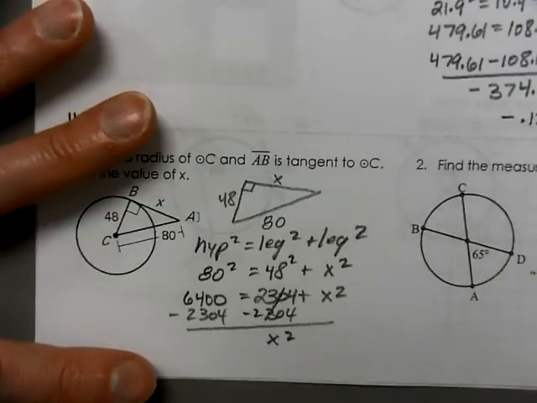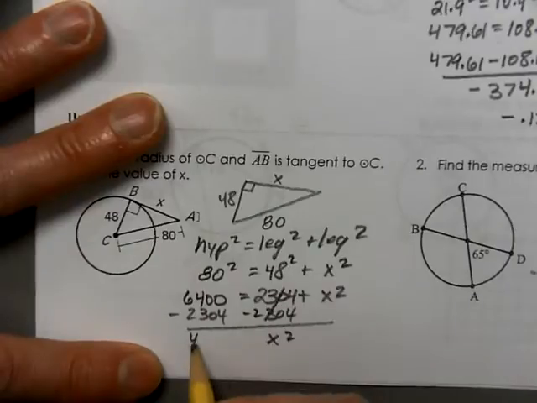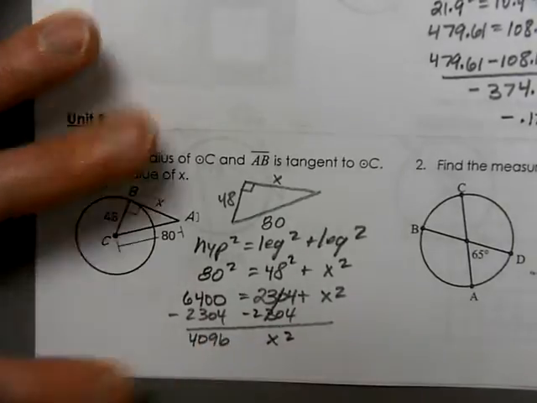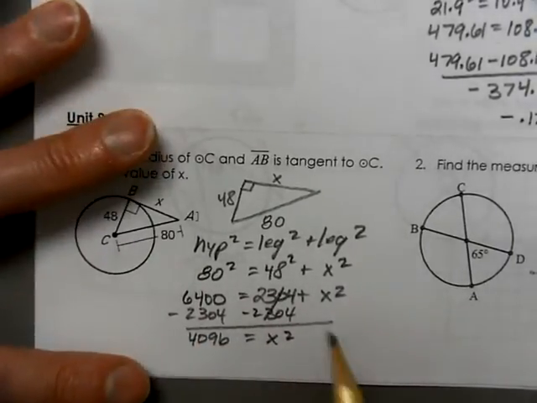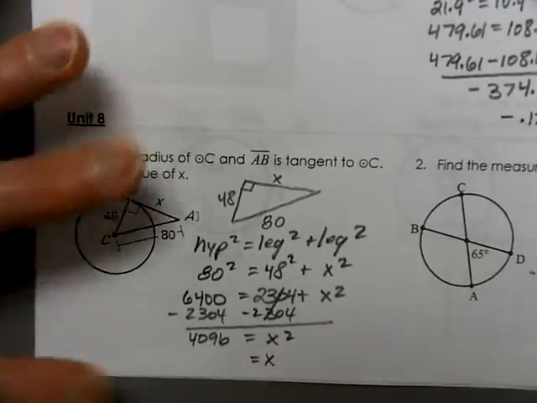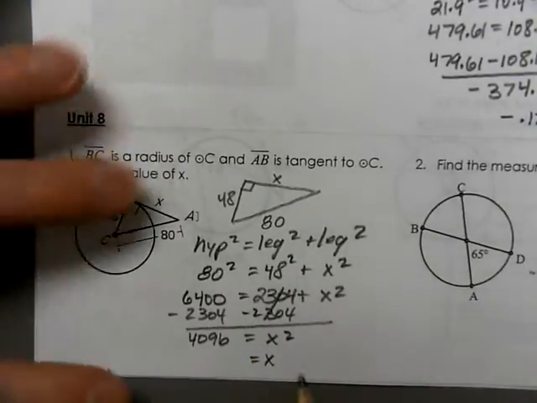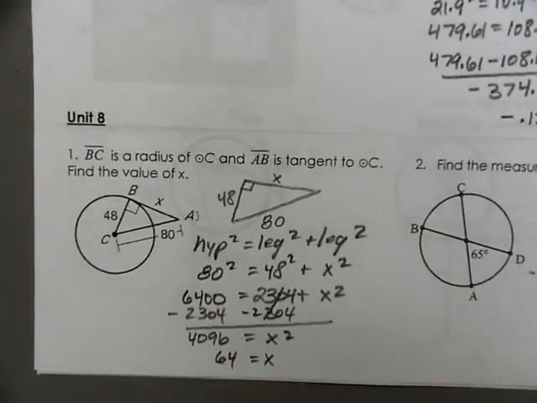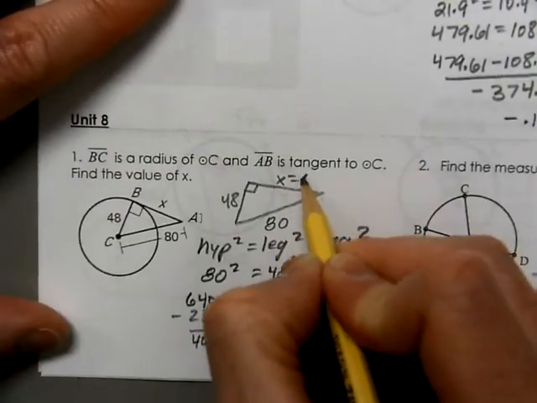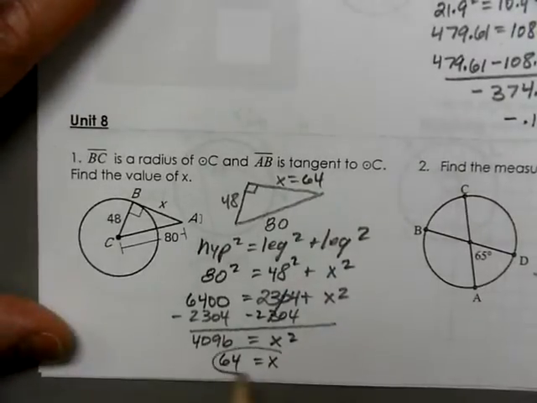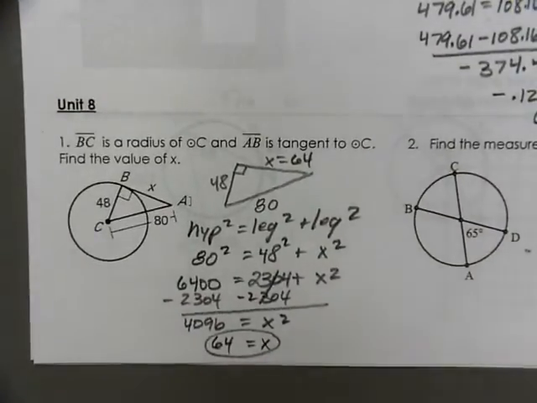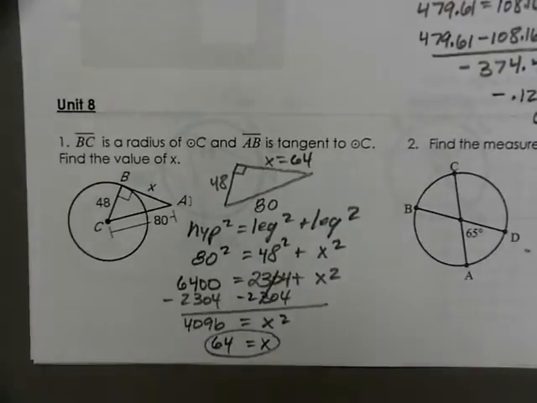So 6,400 minus 2,304 leaves us with 4,096. And we can take the square root of that, which gives us 64. So the missing side is 64. That's a Pythagorean triple, apparently. 48, 64, and 80.